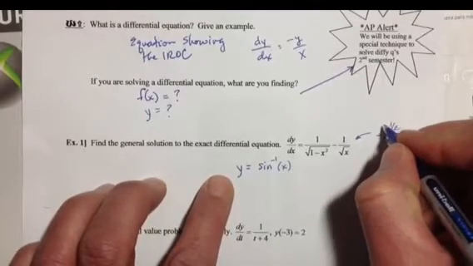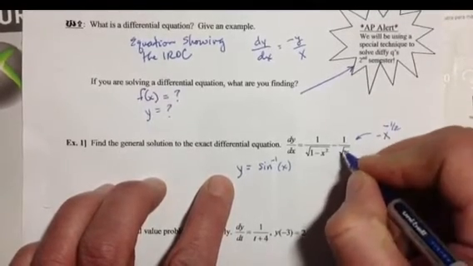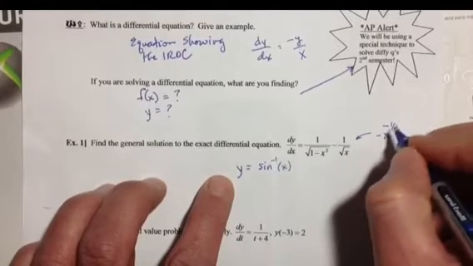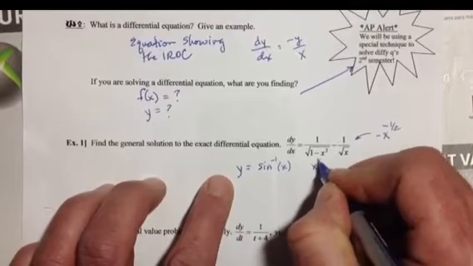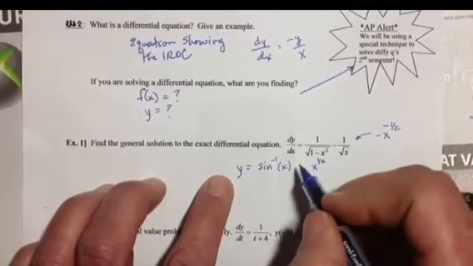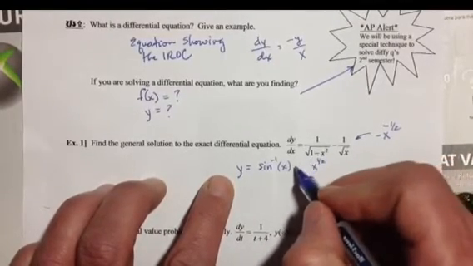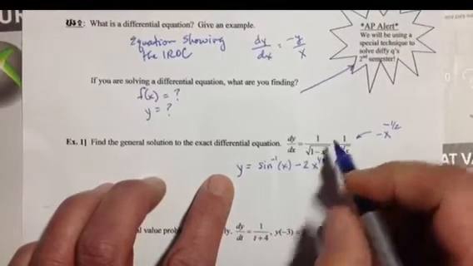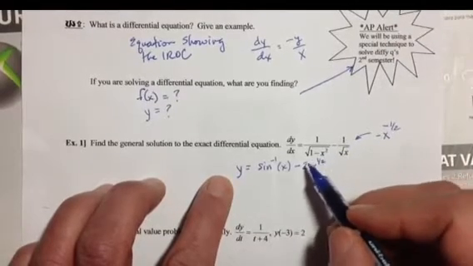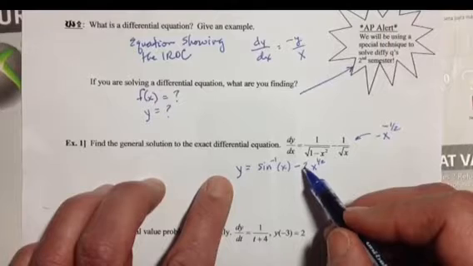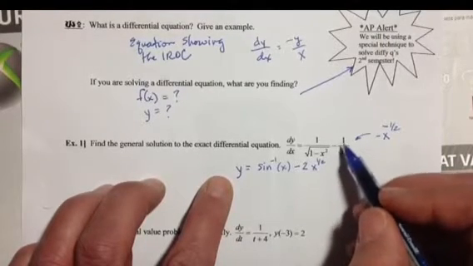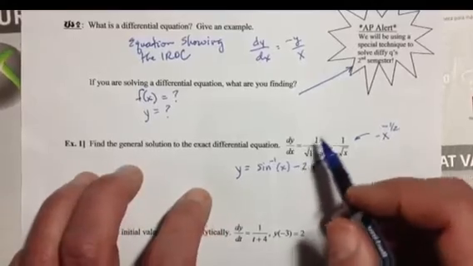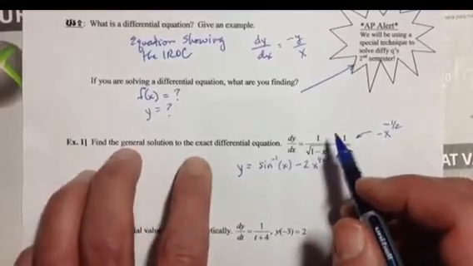And let me fix this right here. That should be a negative because the square root is in the denominator. So if I add 1 to the exponent, I'm going to get x to the 1/2. And in terms of what I need in front, I'm going to need a negative 2. So 1/2 times negative 2 is going to give me a leading term of negative 1, which is what I have right here. So this would be the general solution.